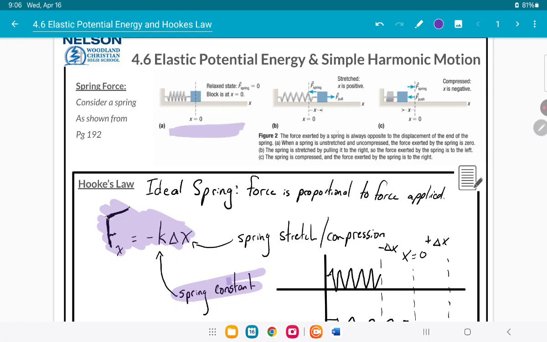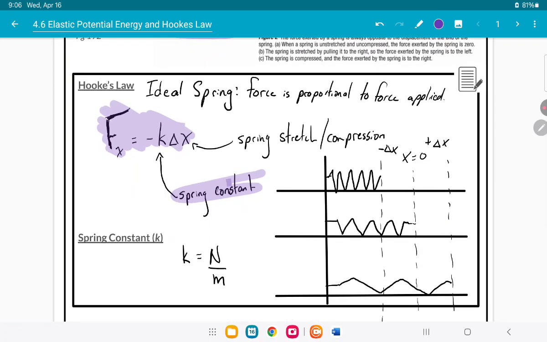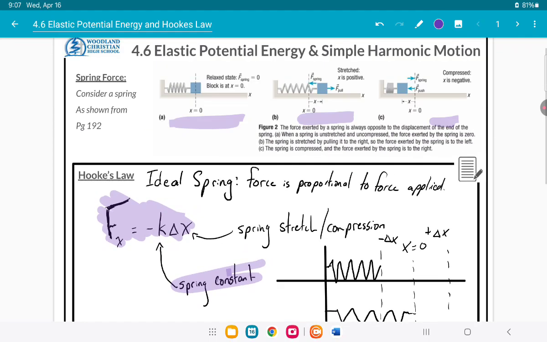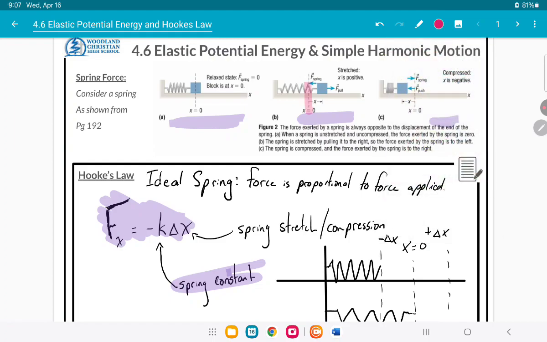We have these nice pictures up here that I've reproduced just here, just so you see how I draw it. But the idea is when there is no stretch or compression, when the spring is at neutral, then there's no force.